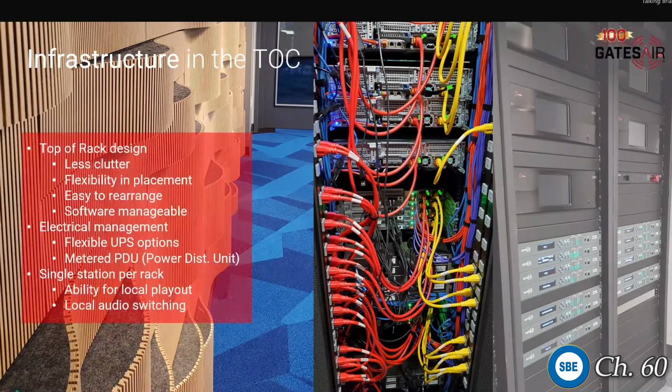it's always evolving. A lot of the infrastructure has changed so that it's a top of rack design, a lot less clutter, gives you flexibility of where you're placing equipment. It's usually software manageable, and electrical management.